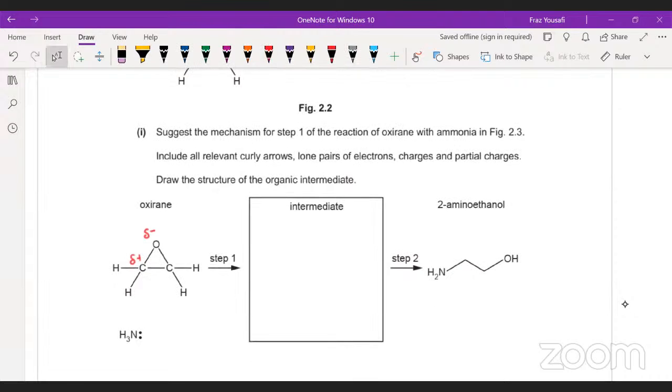There it is. You're going to have, again, the lone pair of the ammonia attack that carbon, which in turn will cause this particular carbon to have that bond heterolytically broken, leaving the lone pair onto, again, your negatively charged oxygen. So you would end up getting this as a result. That's your intermediate.